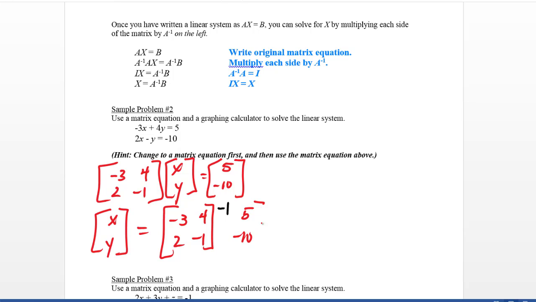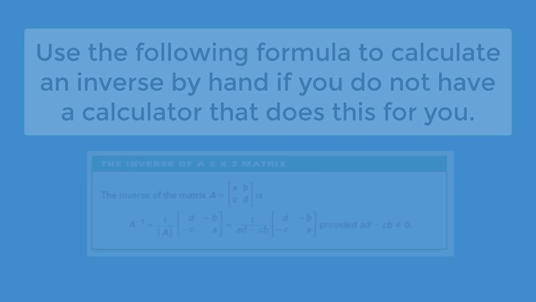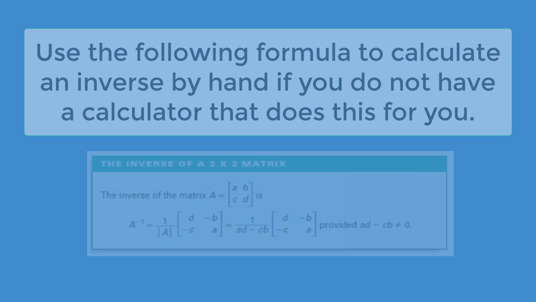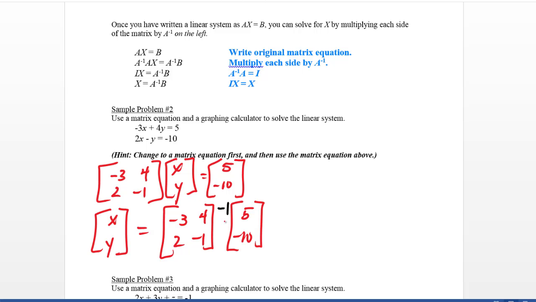Remember, the order of these matrices is extremely important because of matrix multiplication. Your row and column agreement has to work.